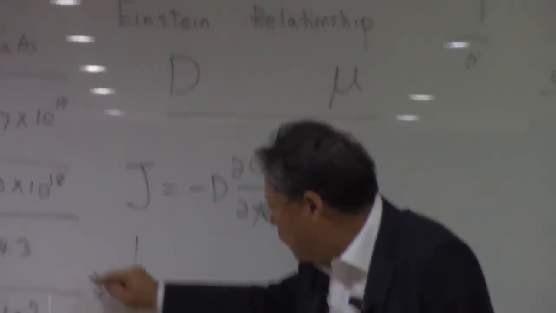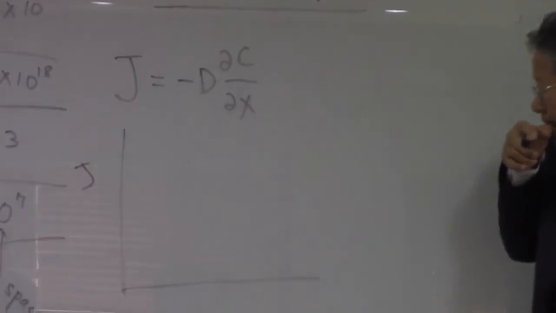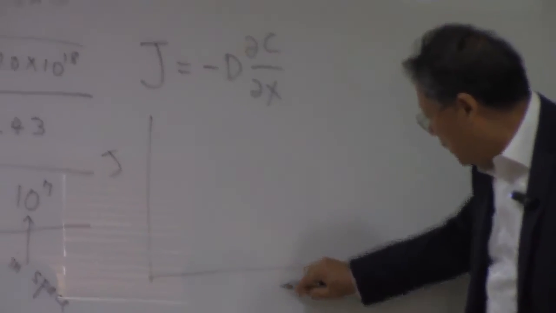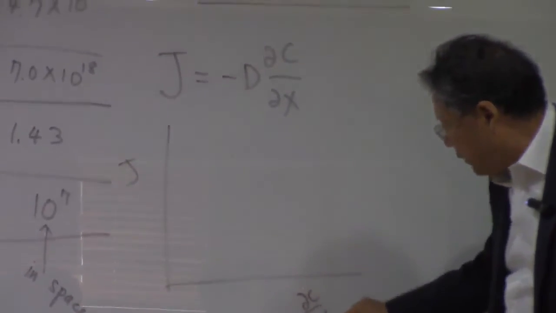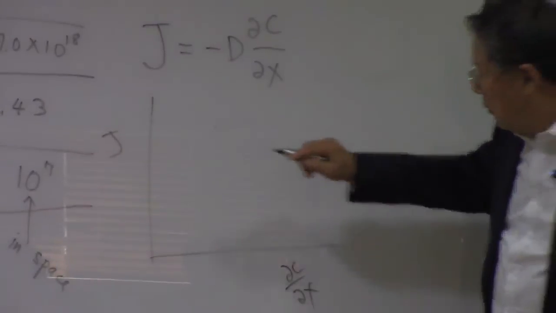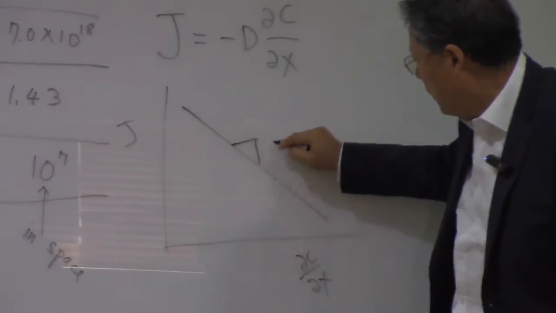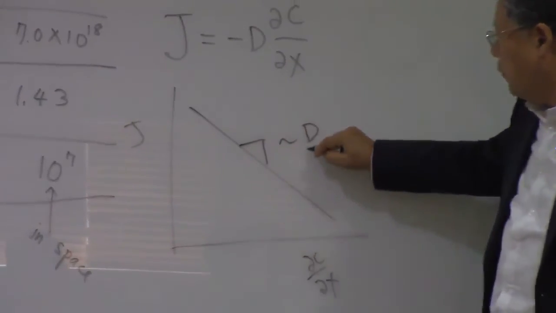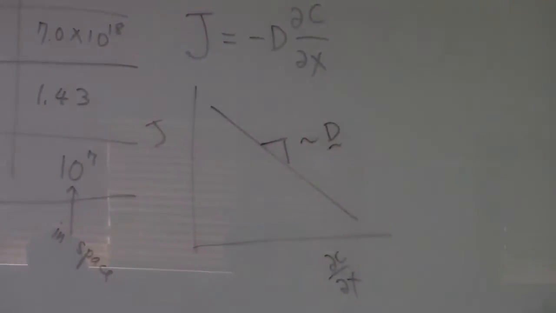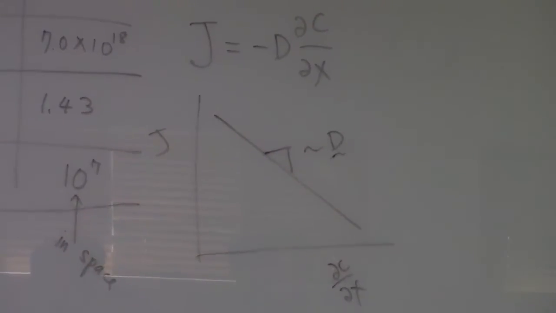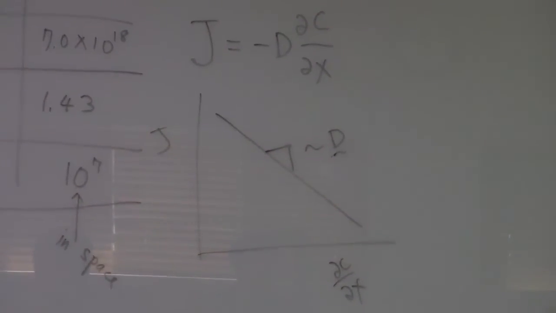So if you plot the flux of moving particles against the concentration gradient, we're going to have a straight line, and that slope is the diffusion coefficient of the material. And that is a material constant. It's really amazing, isn't it?